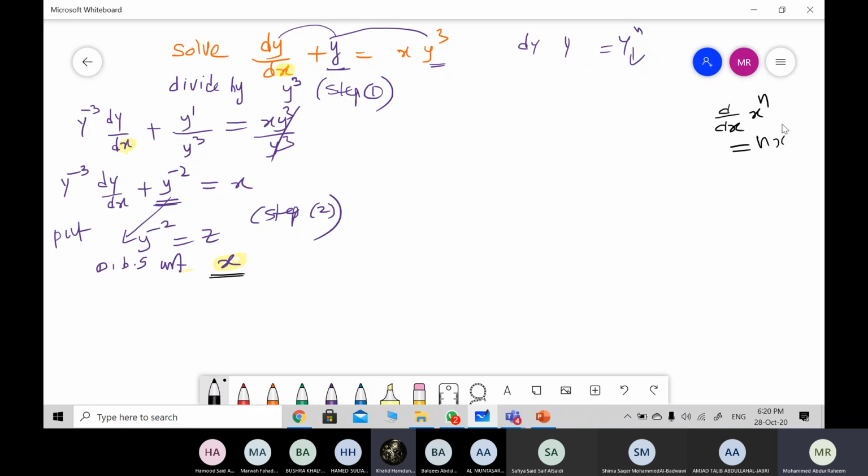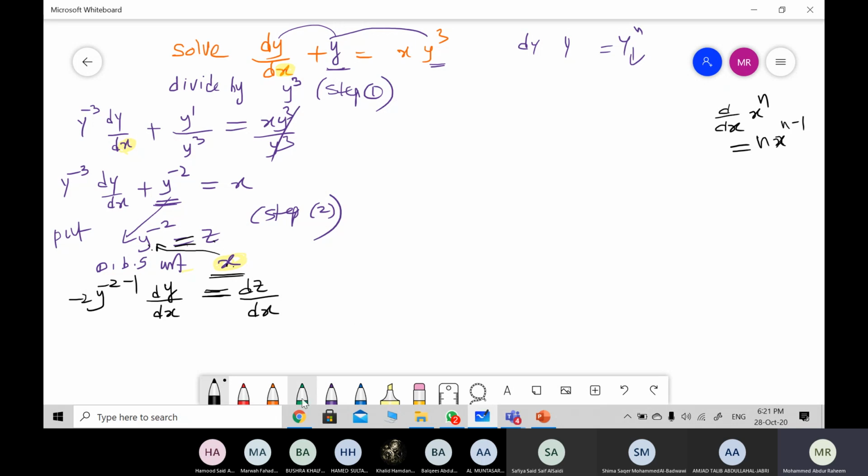You know this. But here y and x are not matching, so the derivative of this y with respect to x will involve dy/dx. Similarly, the derivative of z with respect to x is dz over dx.